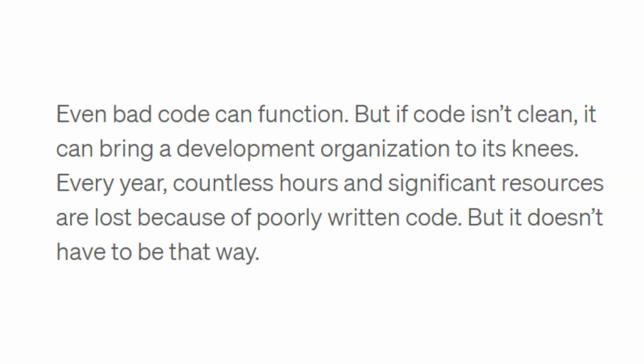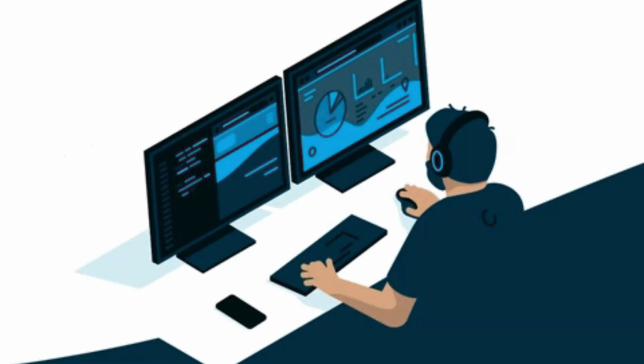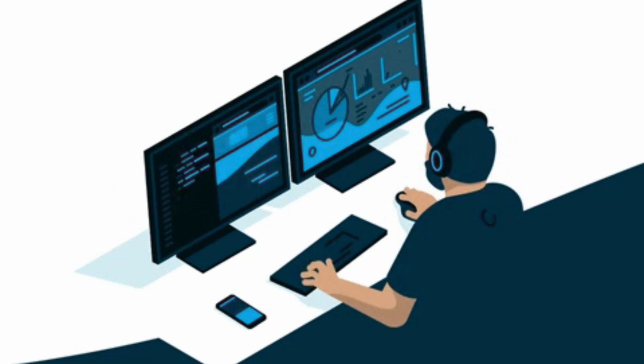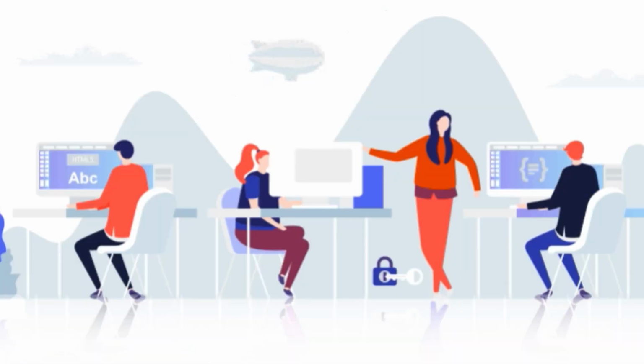Every year, countless hours and significant resources are lost because of poorly written code, but it doesn't have to be that way. So, if you continue to use GetX, you need to continuously ensure that you are following the right principles. When using it, it's quite easy to go off track because of the solutions it provides.